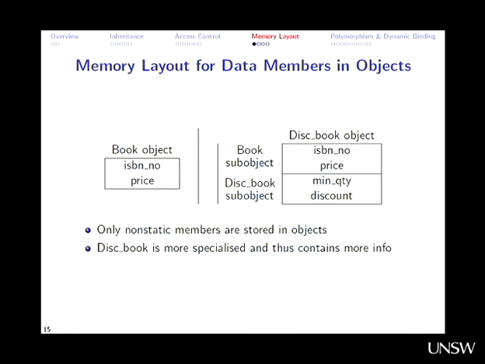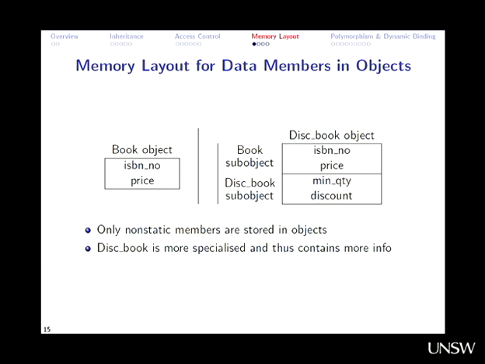So the book constructor gets called first, sets up the book object, and then the discounted book object, which extends that, gets called second and extends it from there. Remember, this is revision of these parts. Only non-static members are stored inside objects. And, of course, the discounted book is more specialized and contains more information.